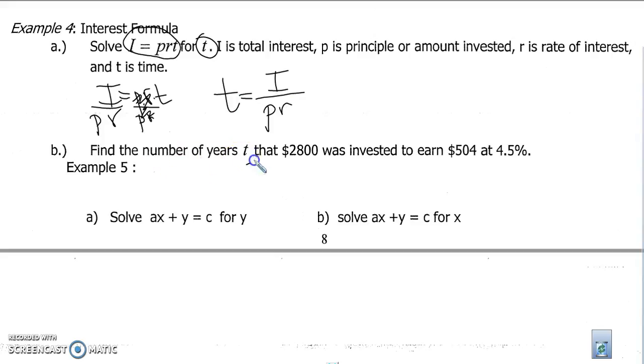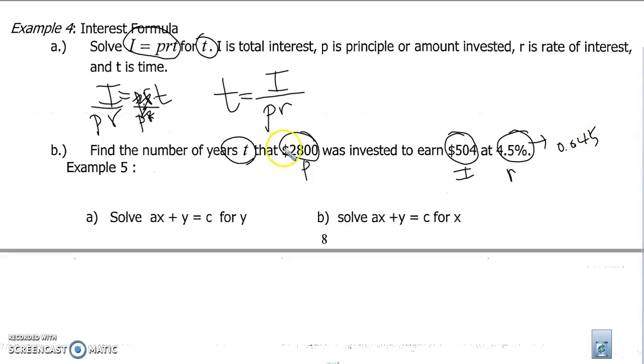So we're going to find T when P is 2,800. So this is the money that is invested. And to earn 504, that's the interest. And this is the interest rate. Since 4.5 is a percent, you want to divide this by 100, and then it's going to be 0.045. You've got to use the regular decimal for that.